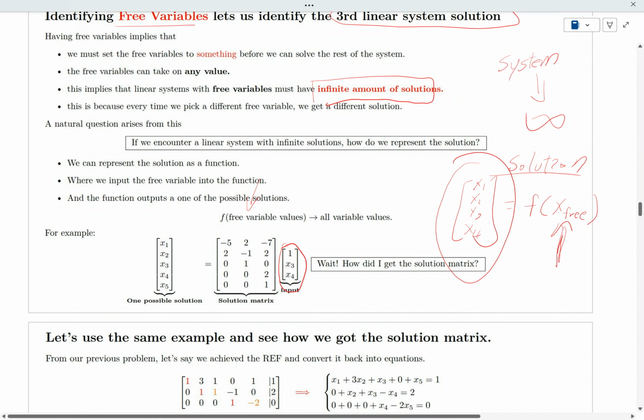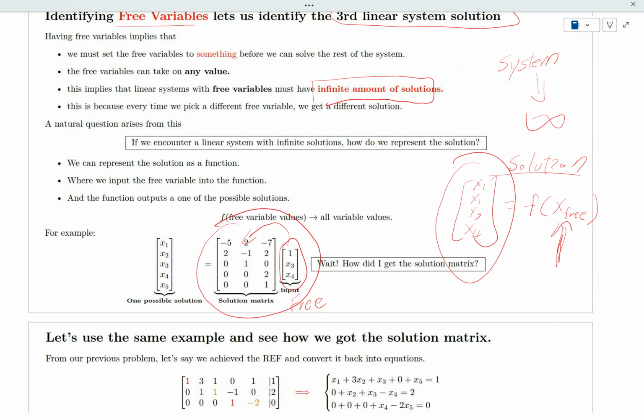We pick x3, and in this case x4, so we basically pick the free variables. Then by multiplying this together, the output gives us the solution. Notice how this gives us infinite solutions, because you can pick any number you want here.